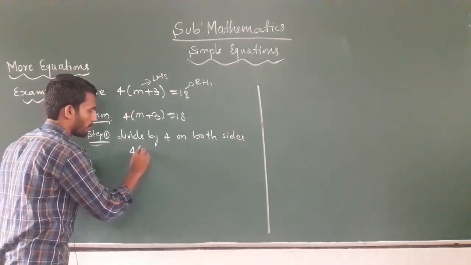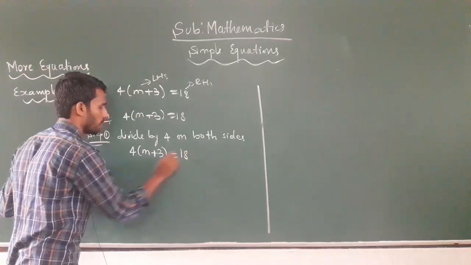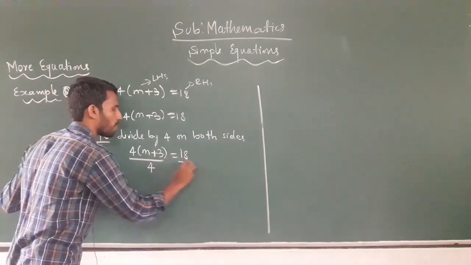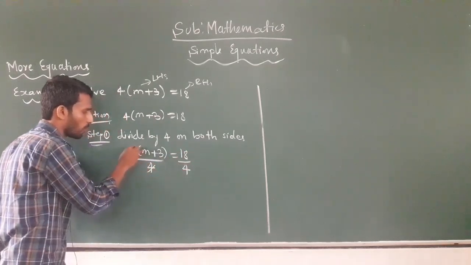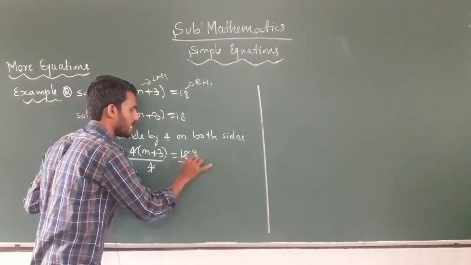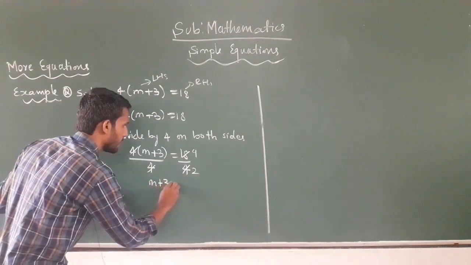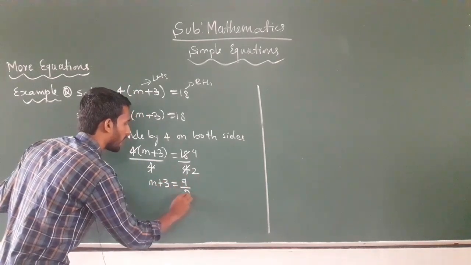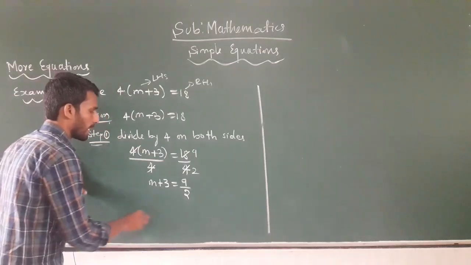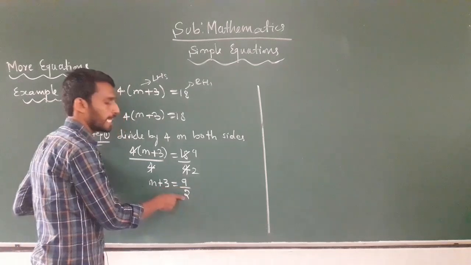Now 4 in the bracket m plus 3 is equal to 18. When we divide by 4 on both sides, 4 will be cancelled here. 2 2s are 4, 2 9s are 18. Now we are getting m plus 3 is equal to 9 by 2.